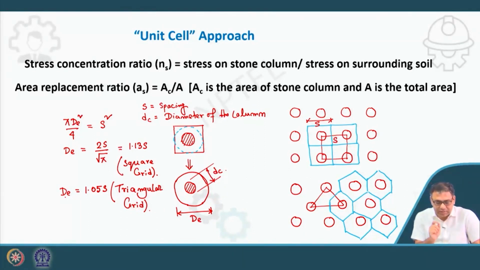Now here are a few terms that I want to mention. One is the stress concentration ratio. That is the stress on the column divided by the stress on the soil. Obviously this ratio is always greater than 1. Why? Because stone column is a stiffer material compared to the surrounding soil, and if you apply a stress over this unit cell, the stiffer material will take more stress compared to the weaker material.